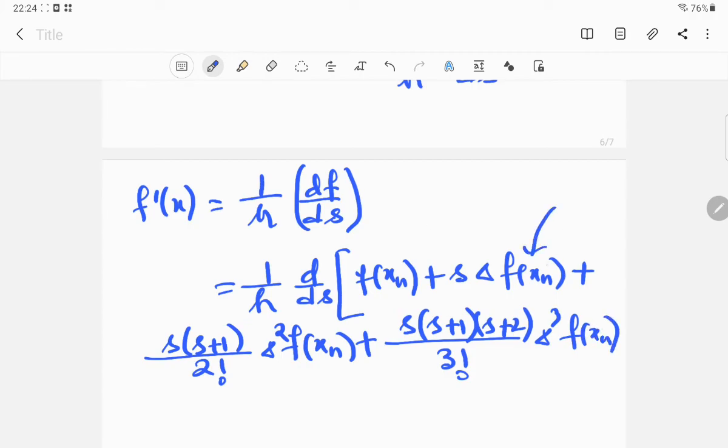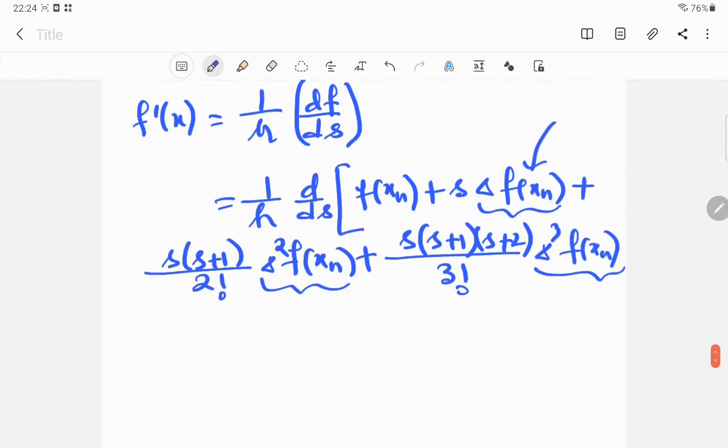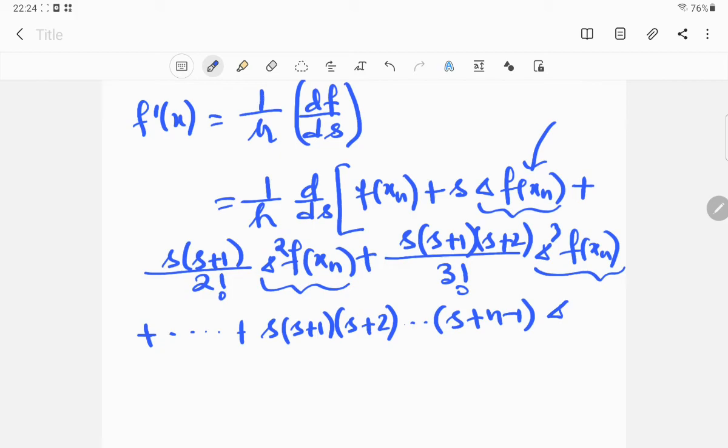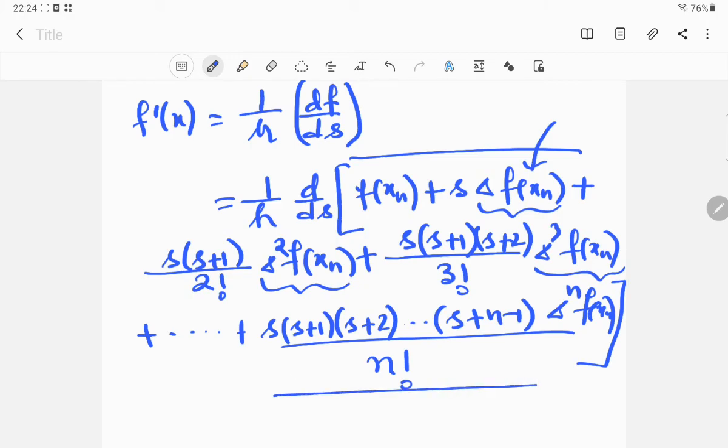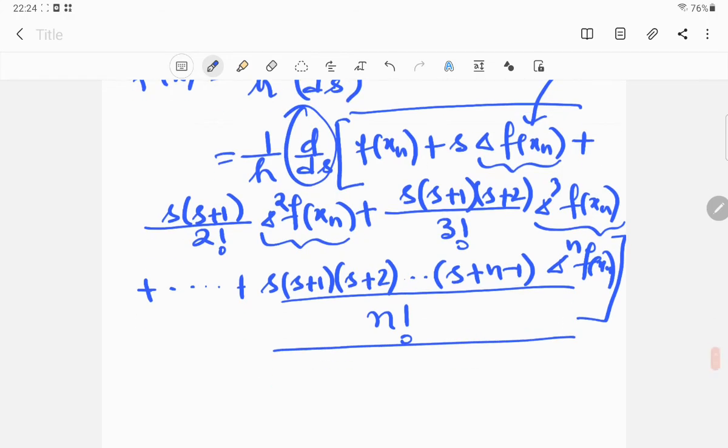Remember, these values are constant values, so they will always stay out of the differentiation. Then we have so many terms, and then it goes like this, up to factorial n. Now you need to differentiate this whole thing with respect to s.